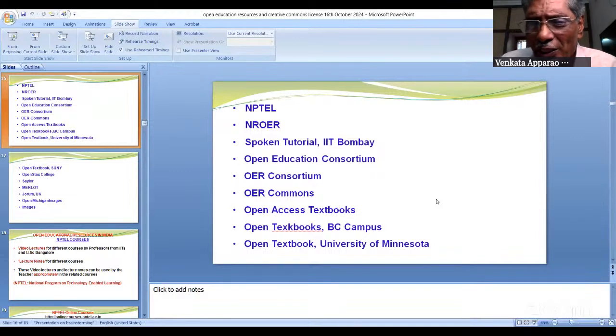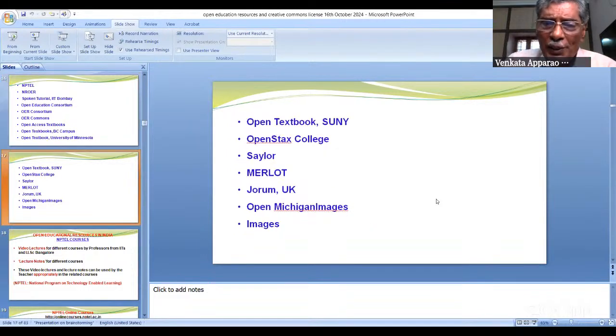Open Education Consortium, OER Consortium, OER Commons, Open Access Textbooks, Open Textbooks British Columbia Campus, Open Textbook University of Minnesota, Open Textbook SUNY, OpenStax College, Sailor, Merlot, Durham UK, Open Michigan Images.